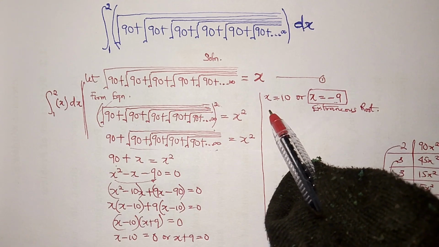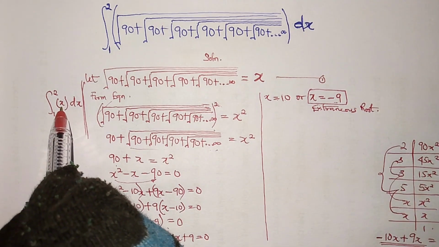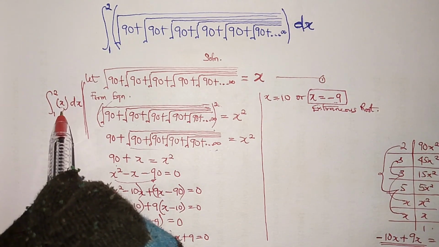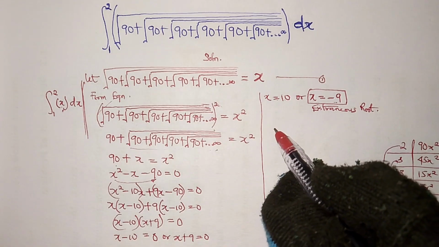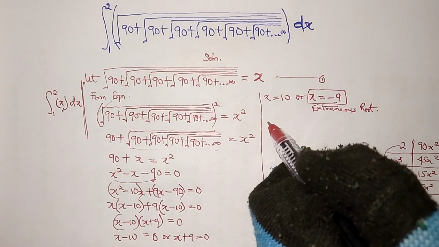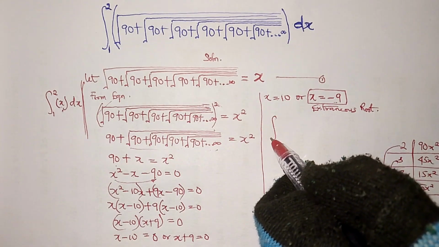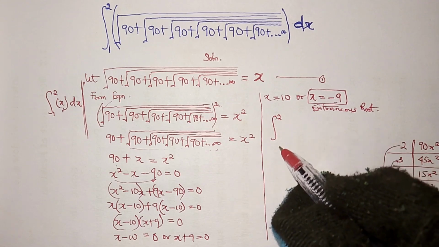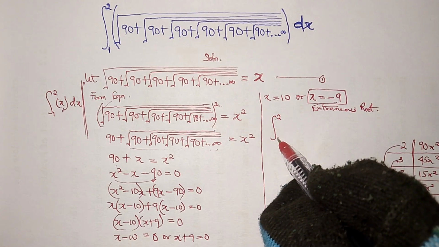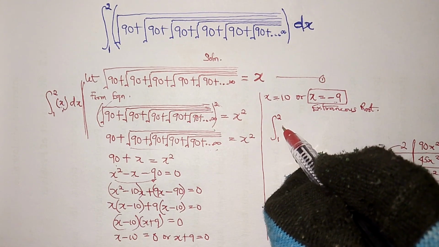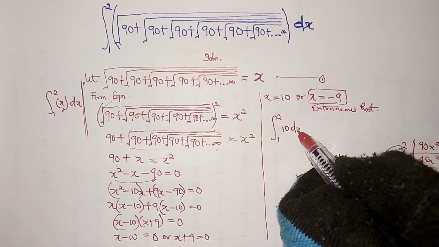We now substitute it at the point where we have x. We now have the integral with upper limit 2 and lower limit 1 of 10 dx.